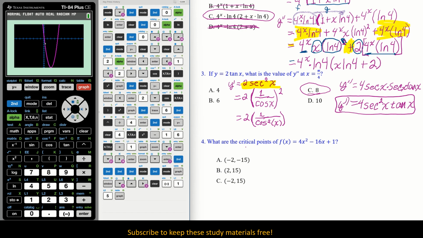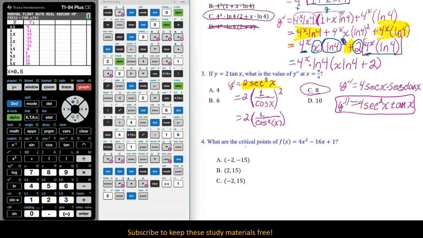I will not count all of these points along my y-axis. I'm going to say second graph to get my actual table. And I know that I need to go to x equals 2. It's right there. And that tells me that it's 2 and negative 15.